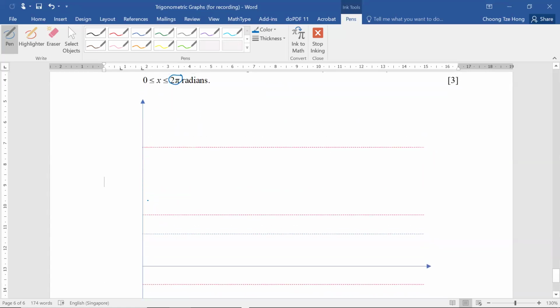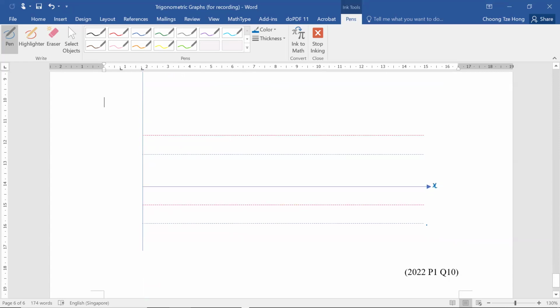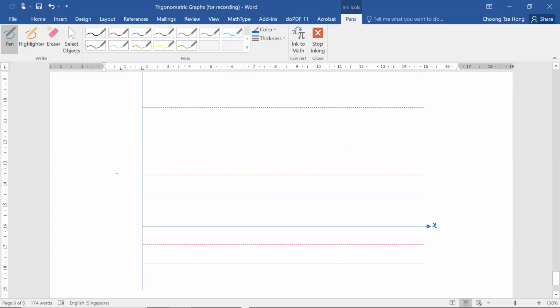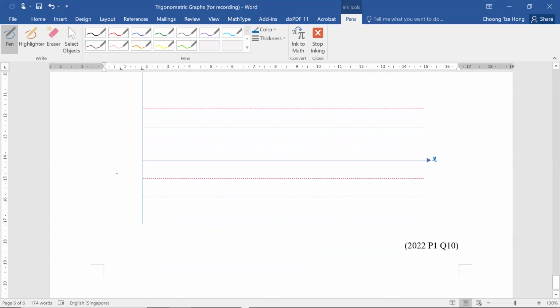I always set up the vertical shift, the maximum and the minimum values first, the blue lines over here. For y equals 2 sine x, there's no vertical shift, so the center point will be on the x-axis. The amplitude is 2, meaning the minimum point will be 0 minus 2 to get -2, and the maximum point will be 0 plus 2 to get 2.